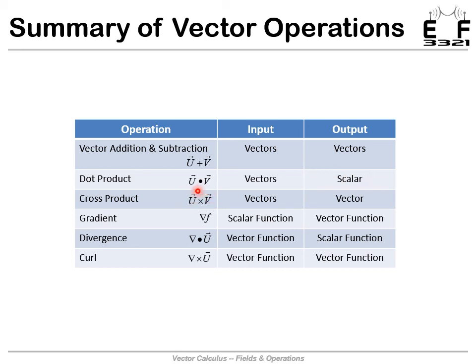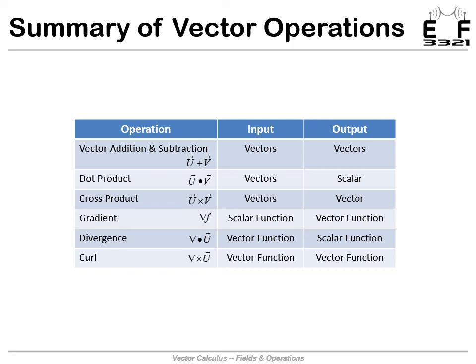Cross products take inputs as vectors, and it outputs a vector. The gradient has an input of a scalar function, but it outputs a vector function. Divergence takes as an input a vector function and outputs a scalar function. And last, the curl inputs a vector function and outputs a vector function.